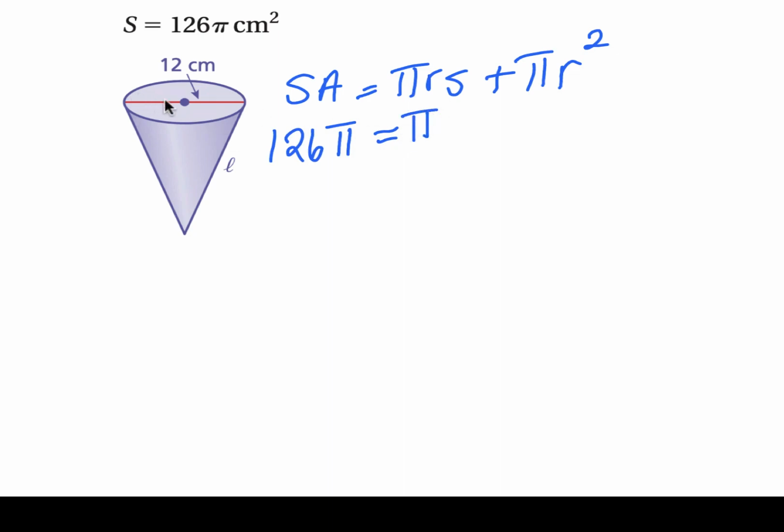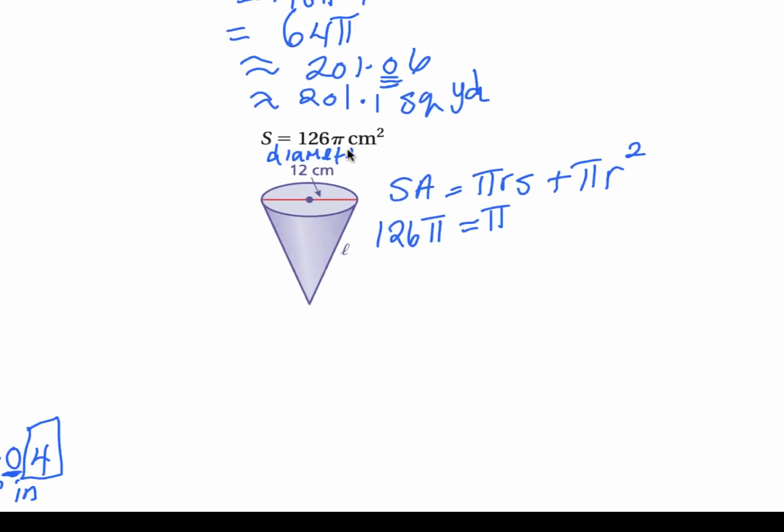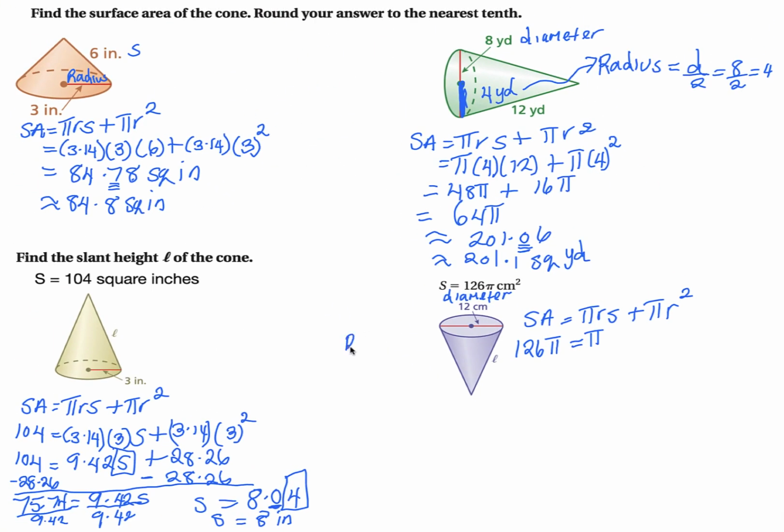Now I notice here that this red line is cutting my circle in half. So this 12 here is my diameter, which means that for the radius, because that's what we need for our formula, I'm going to have to take 12 and halve it. So our radius is 6 centimeters.